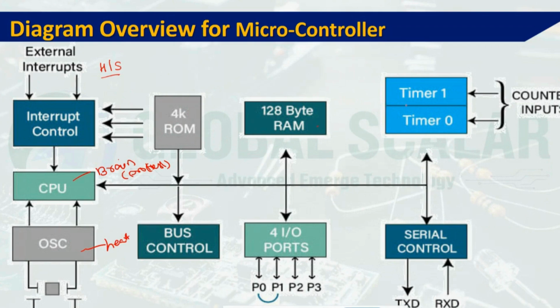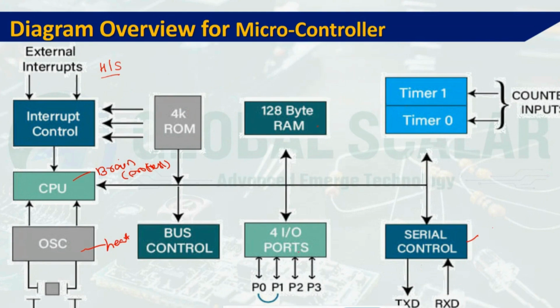We have timers, and we have the serial control, where the serial protocols are configured to exchange information. TX is the data we are sending from the controller, and RX is where the hardware receives data from users or from other devices. We have TXD and RXD, and four IO parallel ports.